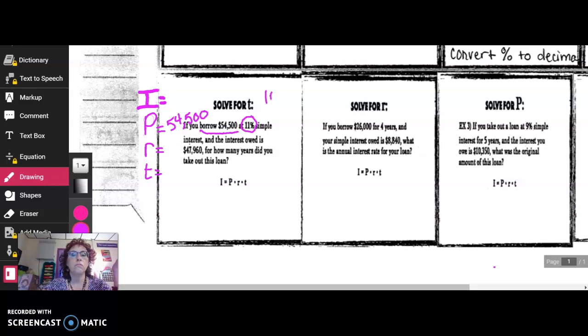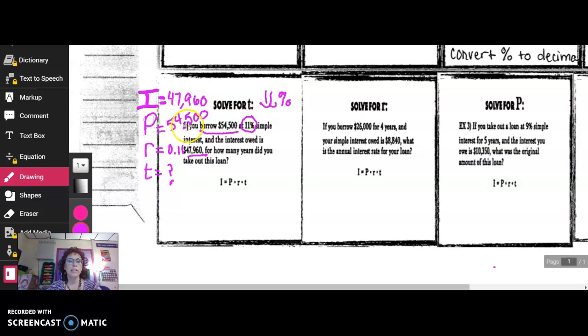However, it has to be written as a decimal, so we move 2 places to the left, and then we see that our rate is 0.11. Time, we don't know, that's our unknown, that's what we're going to try to find. And the amount of interest owed is $47,960.